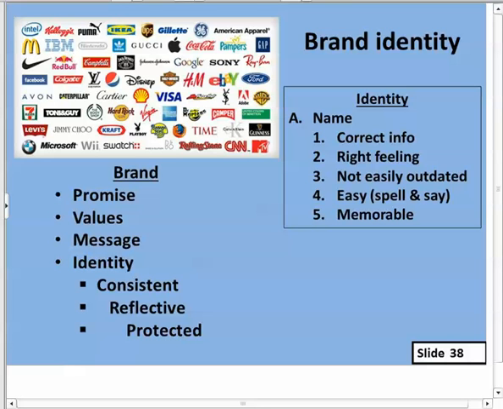Okay? The other thing is you want the name of your company and everything that goes with it to be easy to spell. Easy to say and easy to spell. You don't want to use a complicated name like DiGiamarino and Associates, okay? Because there ain't nobody going to be able to say that, and they're definitely not going to spell it right, okay?